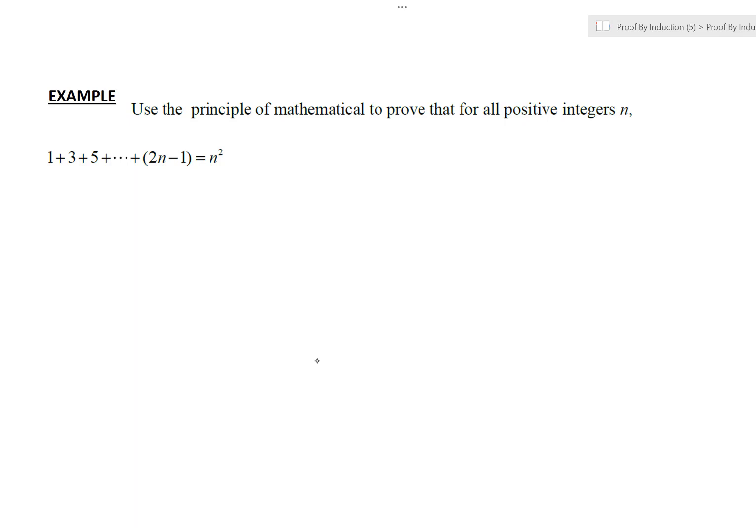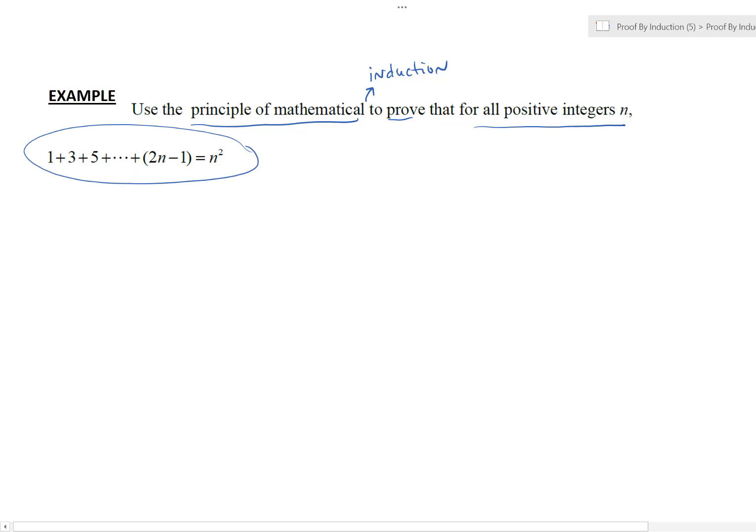Okay, so to wrap up this video, we are going to do one more example, which is a little more involved, and it's an example of trying to prove a statement using the principle of mathematical induction. So that's what we want to do here. Use the principle of mathematical induction to prove that for all positive integers n, this statement here is true.